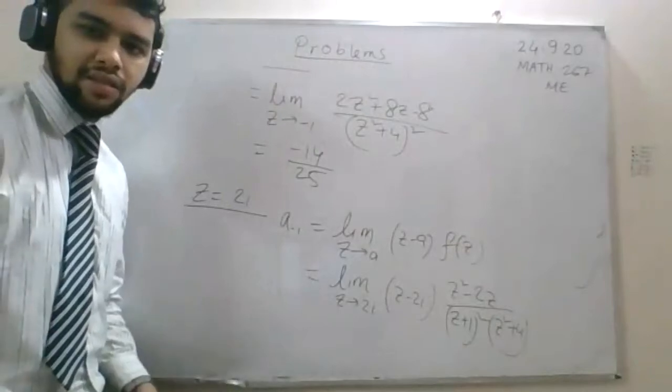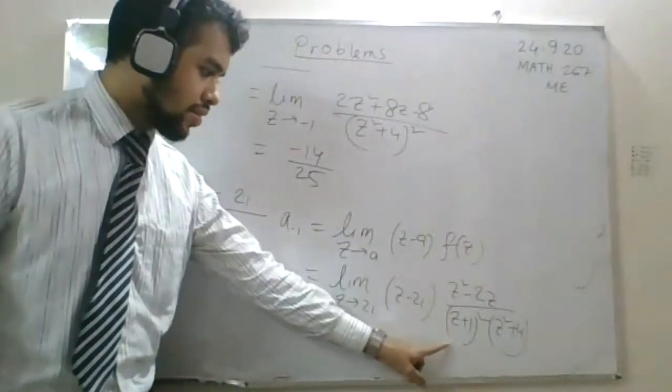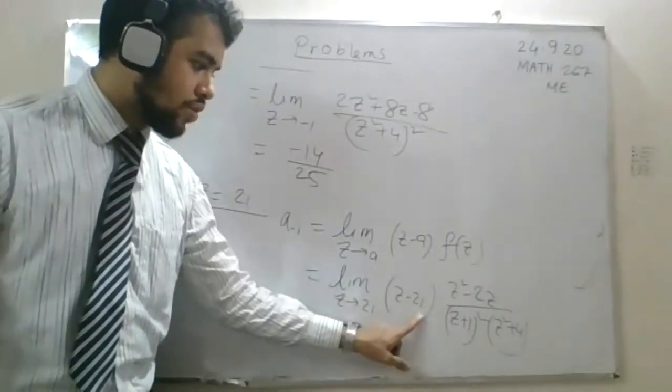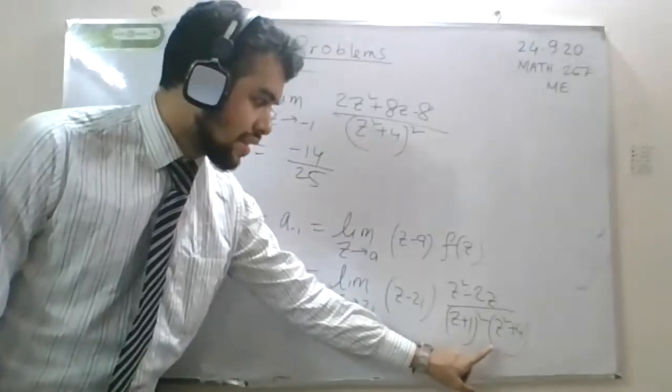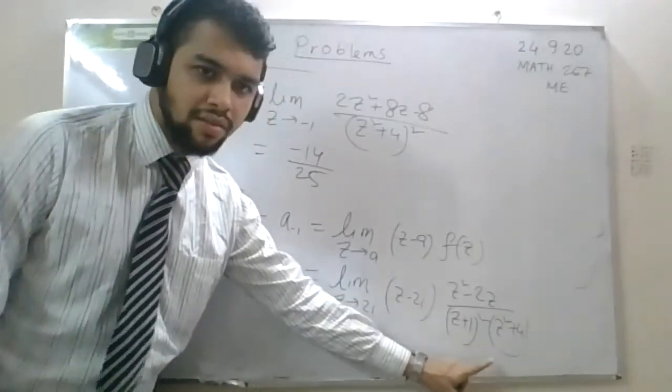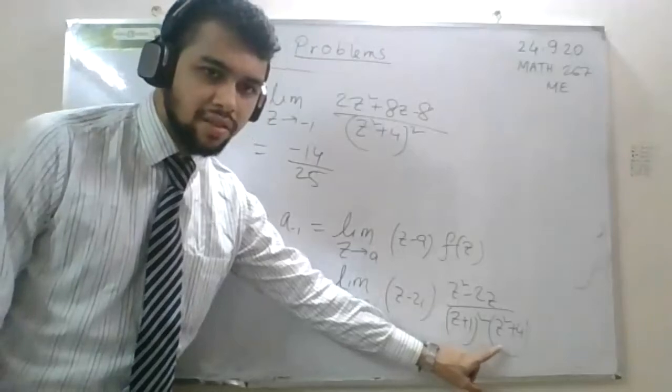Now again, simplify this equation, where this is z minus 2i and this is z square plus 4. Convert it using the a square minus b square formula, which is a plus b and a minus b.